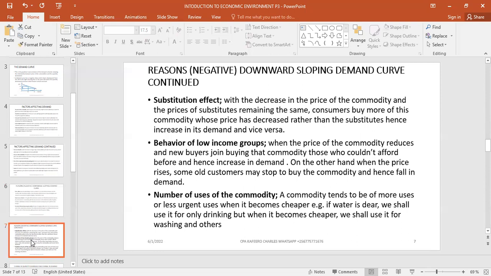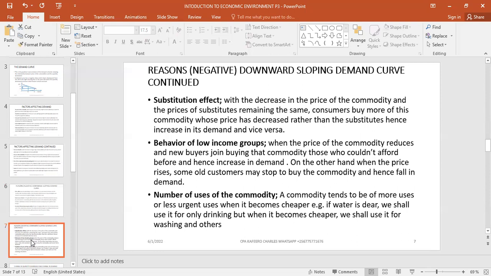The other factor we can talk about is the substitution effect. This substitution effect is with regard to the substitutes themselves. With the decrease in the price of the commodity, now we are talking about the main product.